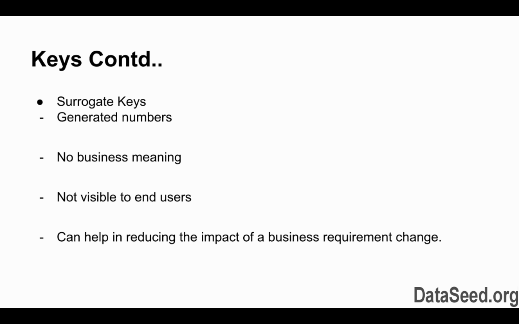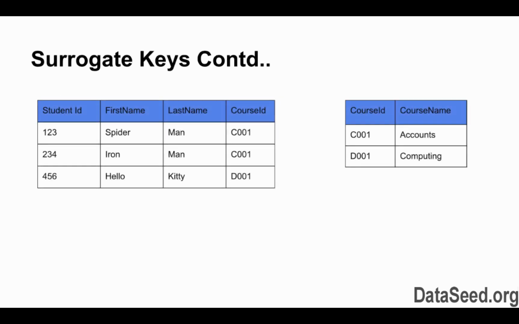Let us use an example to see how it can help us in reducing the impact of a business requirement change. We again see two entities, student entity and the course entity. We know student and course entities are related to each other, and student entity has the course ID as a foreign key.